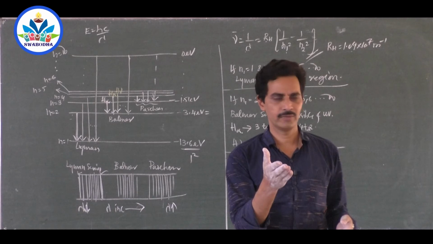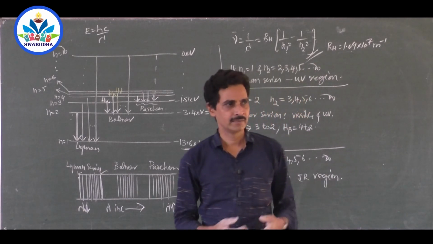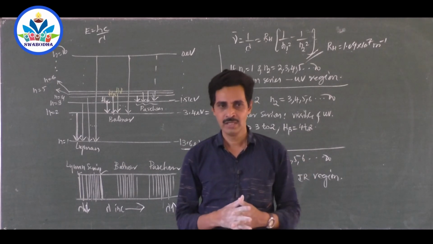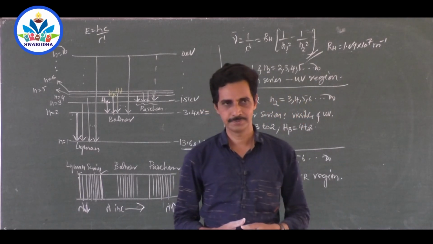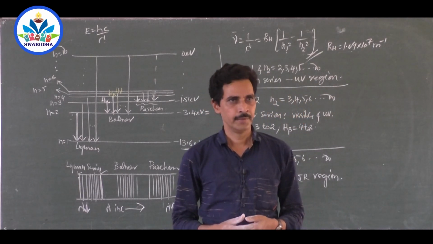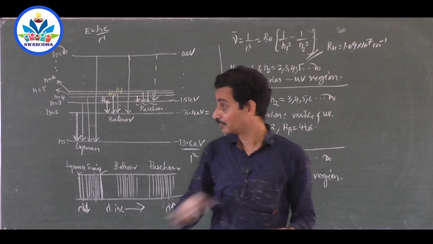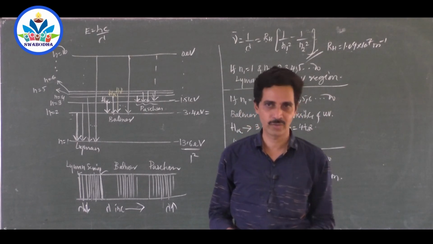You substitute the values for velocity of the electron in the first orbit, for example. Velocity is equal to Z square divided by 2 epsilon naught nh. So what you have to do is, you just write all those big formulas: energy is minus Z square e to the power 4 m divided by 8 epsilon naught square n square h square.